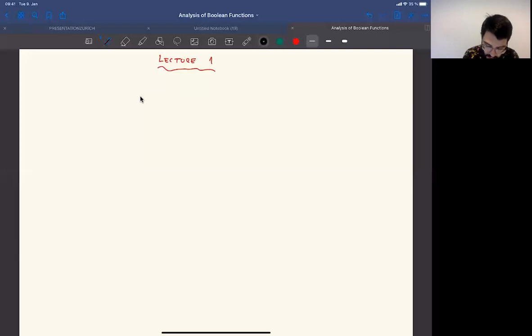So you can ask, what is a Boolean function? Let me define what a Boolean function is first. So you have here my standard notation for the Hamming cube. It just denotes the n-dimensional set of vectors with only plus or minus 1 as entries. This is the Hamming cube.